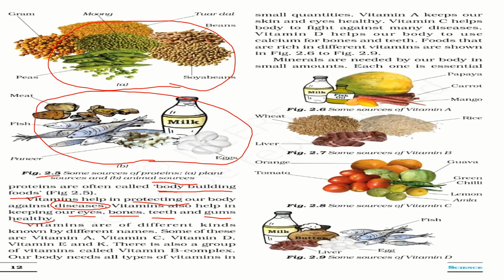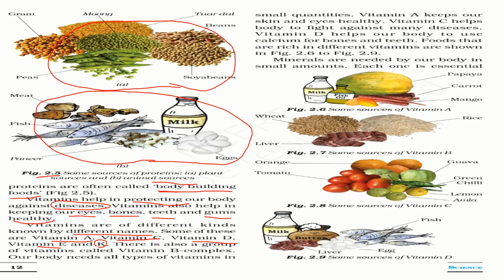Vitamins are of different kinds, known by different names. Some of these are vitamin A, vitamin C, vitamin D, vitamin E and vitamin K. There are one, two, three, four, five vitamins. Okay.